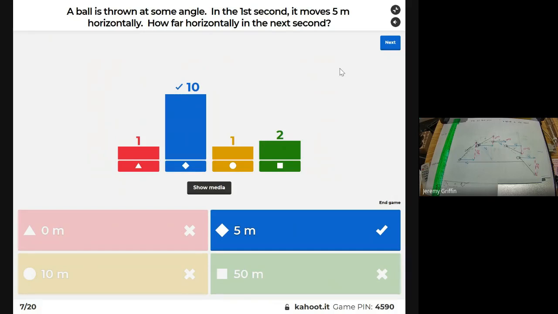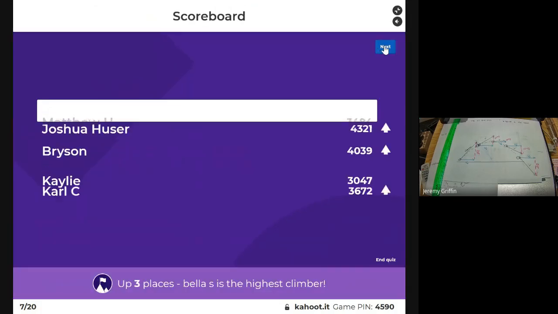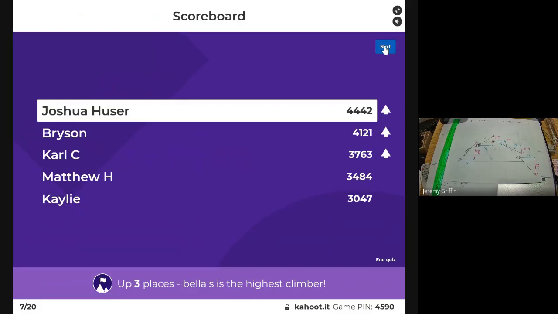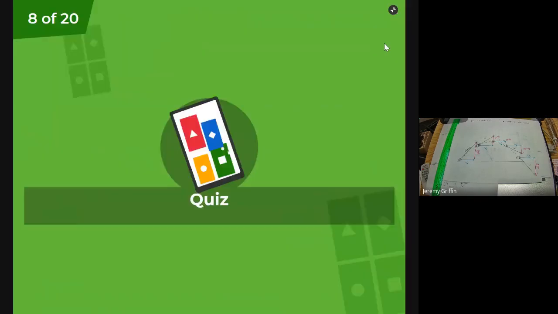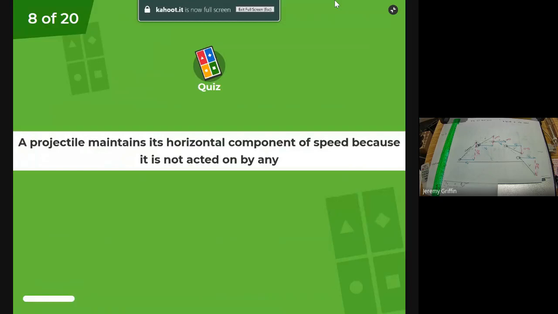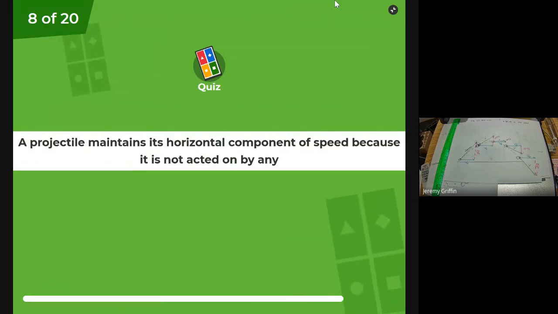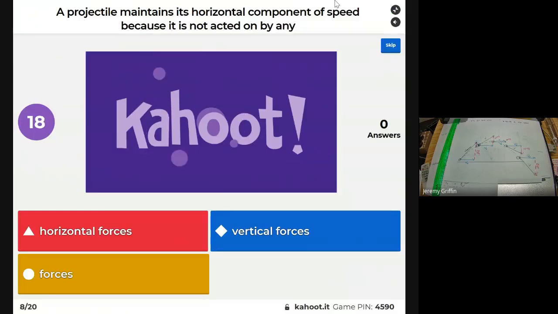Because it looks like this one's moving a constant 5 meters per second to the right, just like these light blue vectors that I just drew. Joshua taking the top spot. A projectile maintains its horizontal component of speed because it is not acted on by any what?